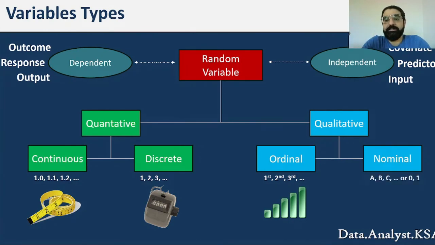Now nominal data, it's the same thing, it's different categories or classes, but the classes don't have an actual value, so no class is better than the other. We could look at this color wheel, so no one can say that green is better than blue or yellow is better than red. Each value is a different value. So for example, A, B, C, the letters of the alphabet, if you're trying to classify them, none of them is above the other.